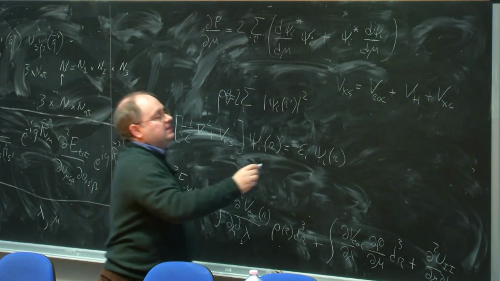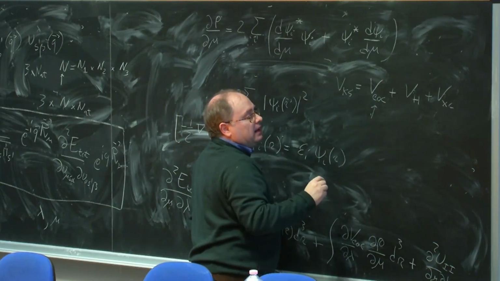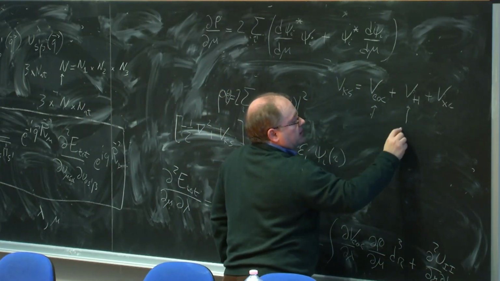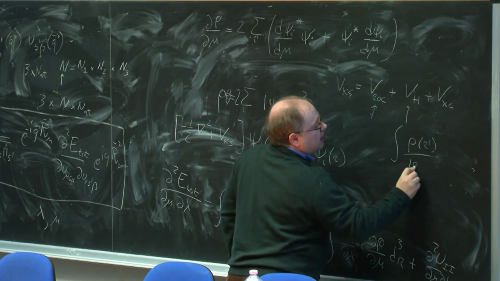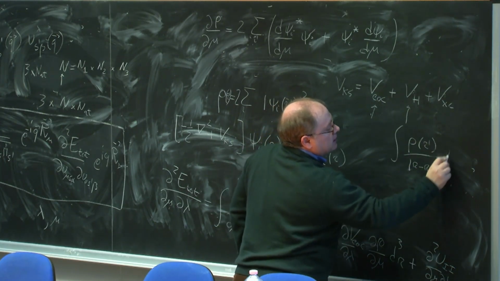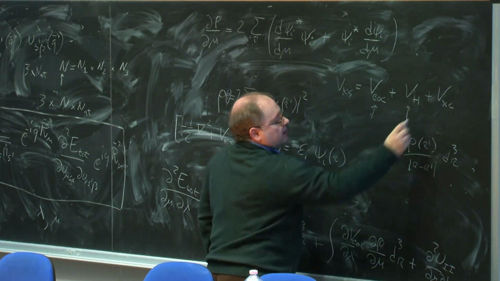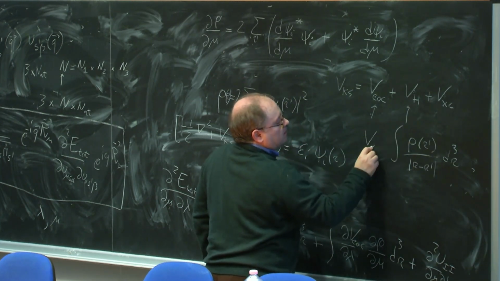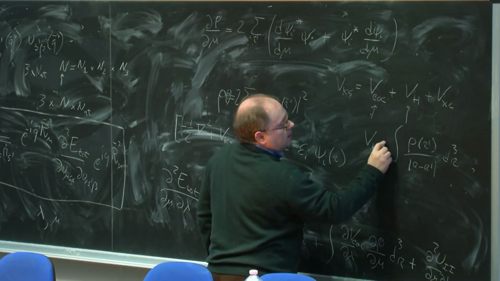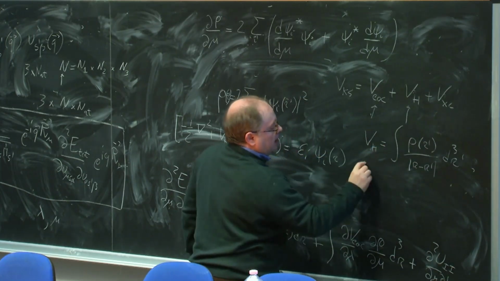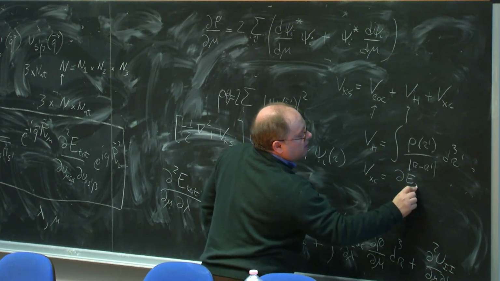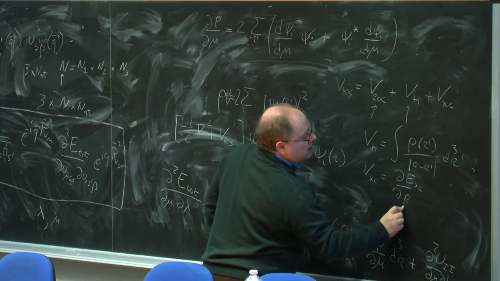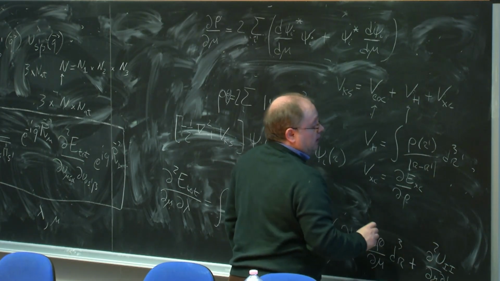The local potential depends on the parameter lambda. The Hartree term, you know, is the integral of rho of r prime divided by r minus r prime, d3r prime. And V exchange and correlation is the functional derivative of the exchange and correlation energy with respect to rho.